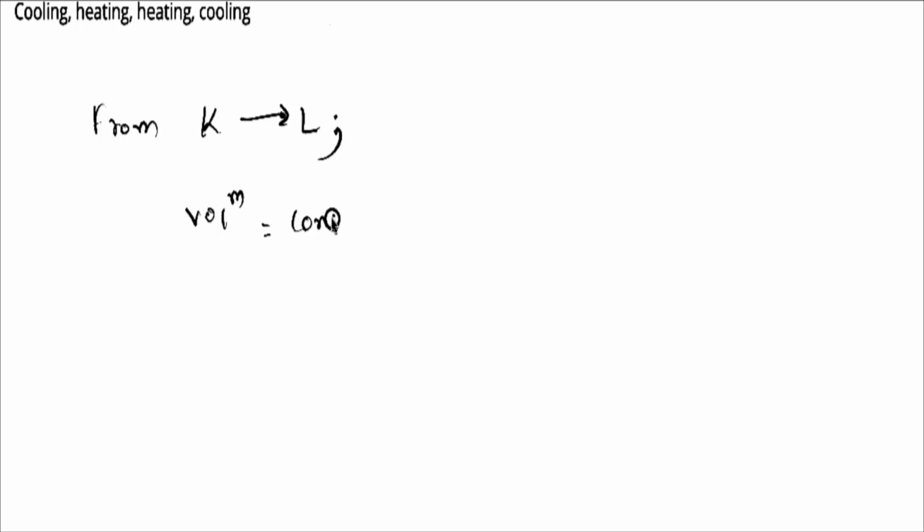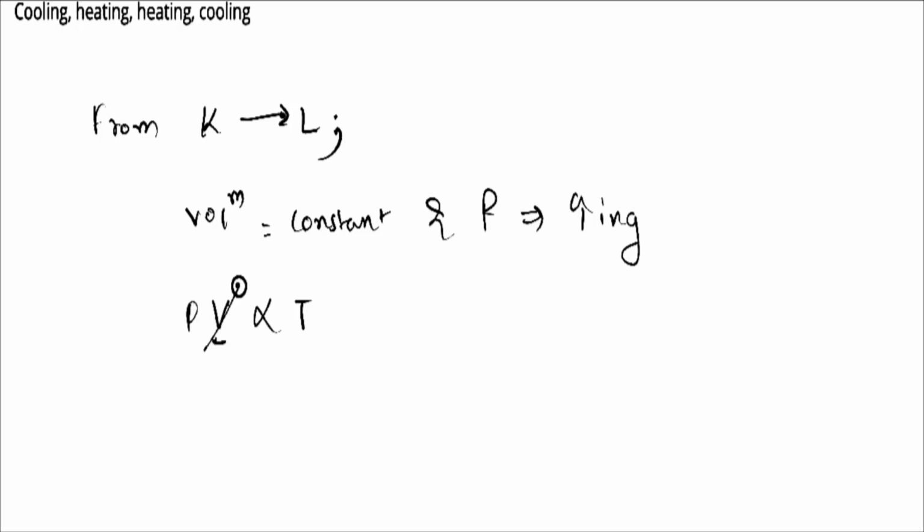We know the condition that we have is PV is directly proportional to T. Since volume is constant and the pressure is increasing, this means that temperature is also going to increase. So we will have to increase the temperature. This means it is a heating process. So the first process is heating.